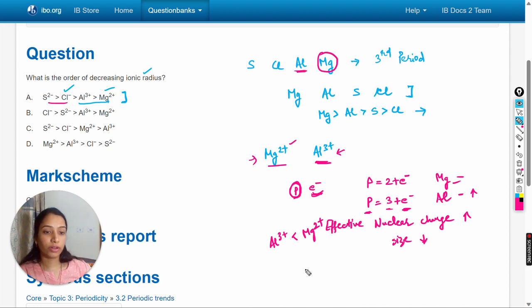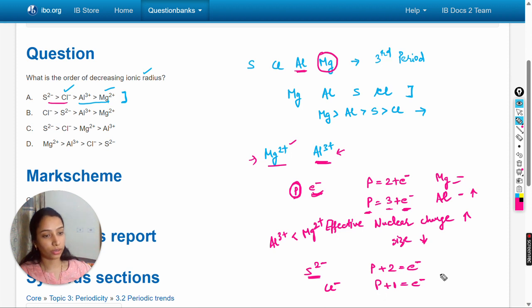When sulfur atom gains 2 electrons, then it will become S2-. So number of protons are 2 less than number of electrons here, because it gains 2 electrons. And in case of chlorine minus, number of electrons are 1 more than the number of protons.